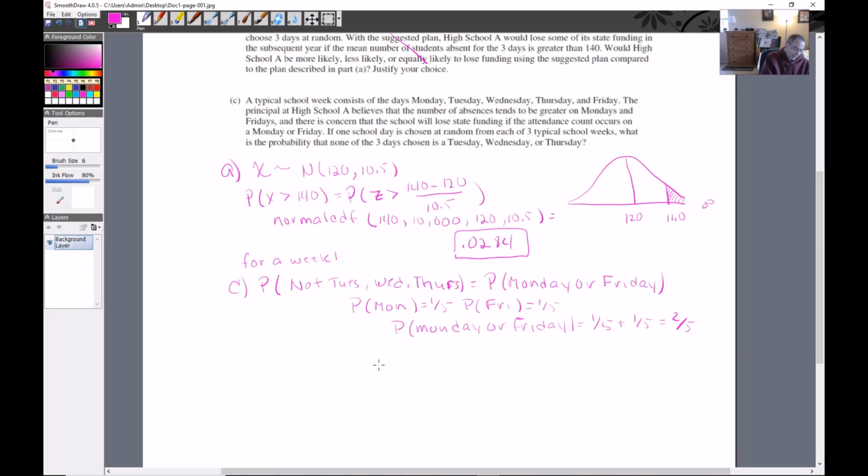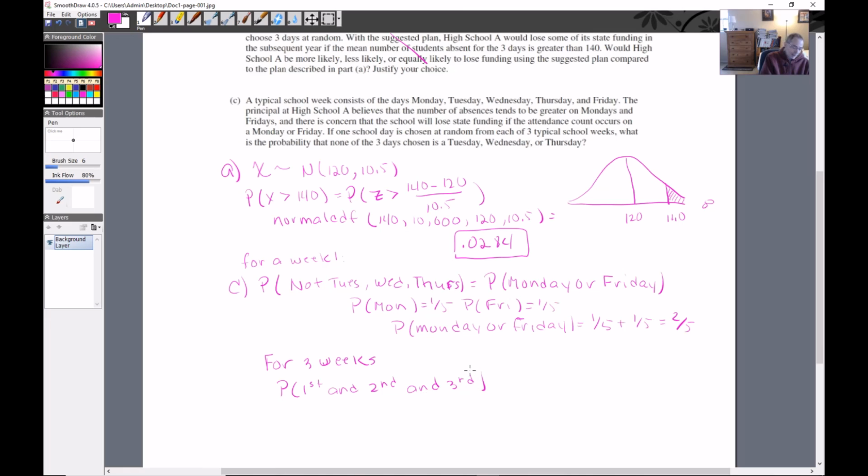All right. So for 3 weeks, from each of them, that would be the first and the second and the third. So now we're back to and. It's the probability of the first and the second and the third.